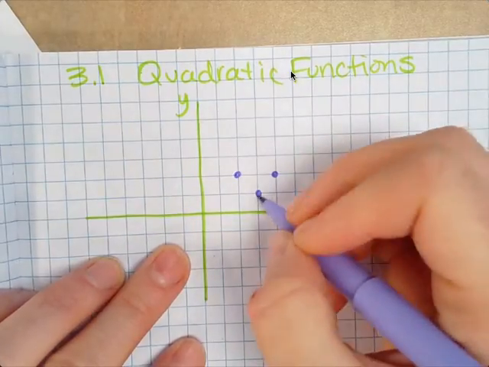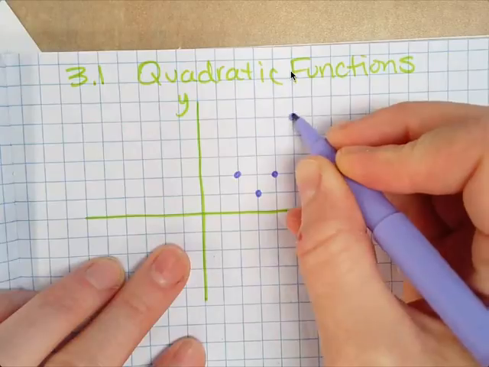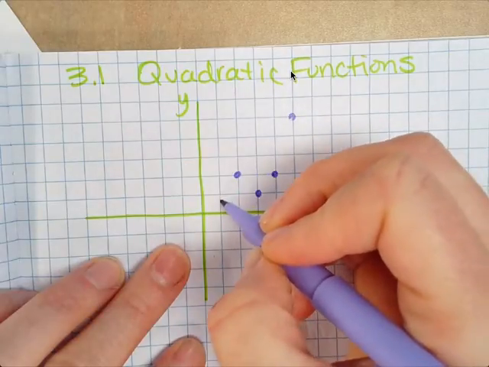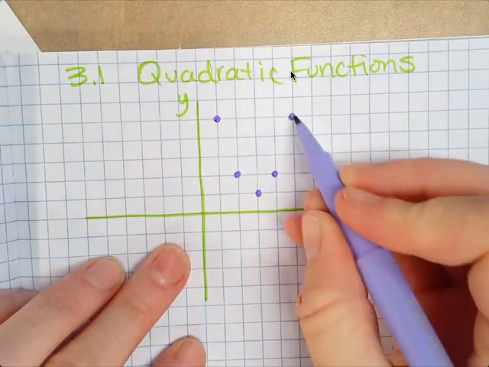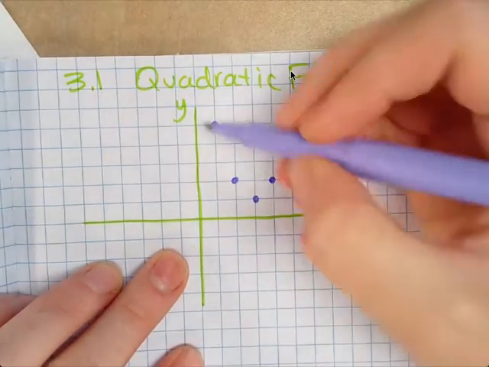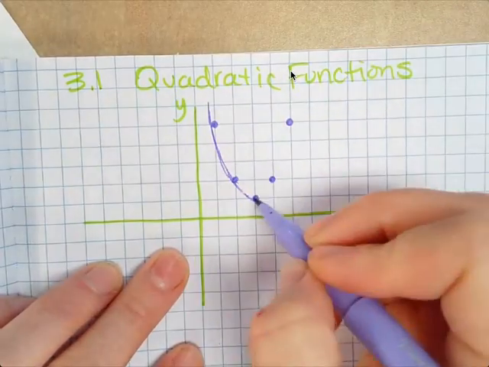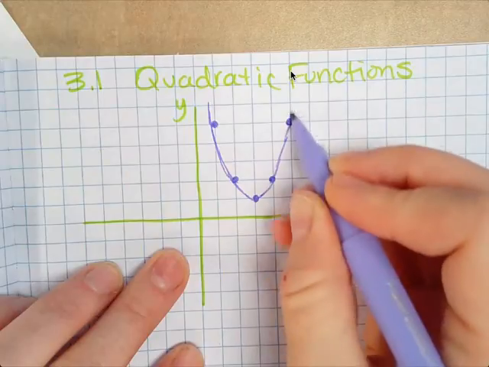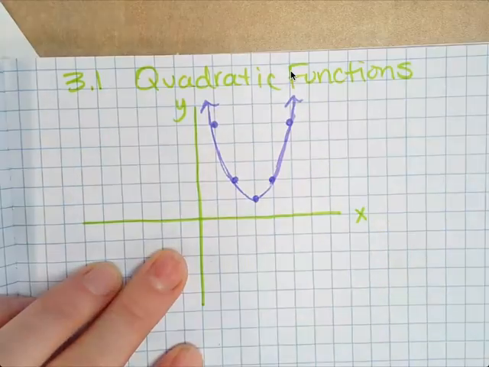And then it's 1, 1, 2, 4. And then from this point, go up 1 over 3, and then left 1 up 3. And we're going to draw the parabola. The parabola does not look very good, but there you go.